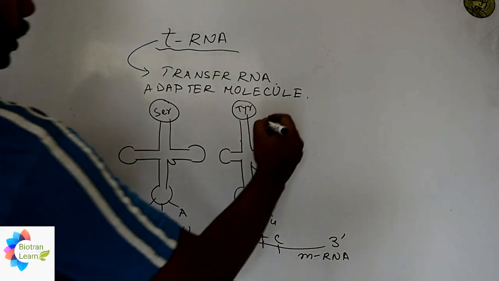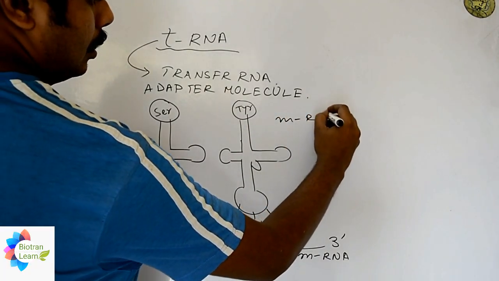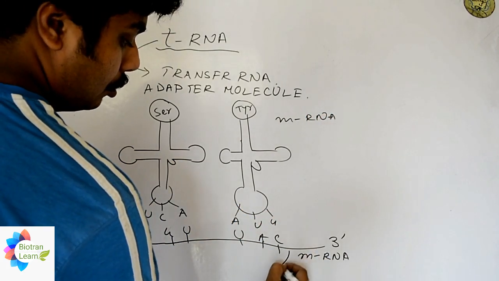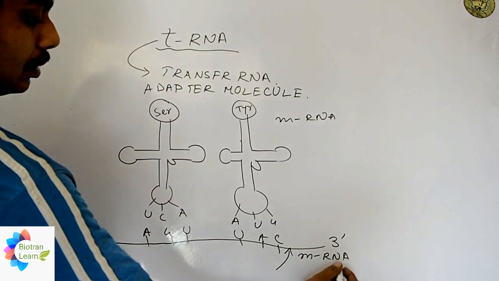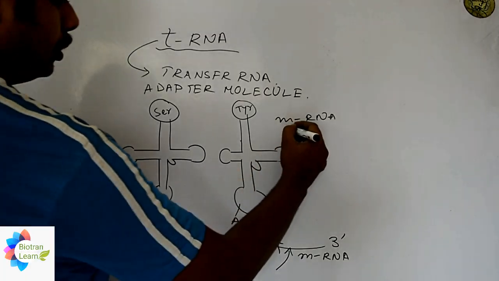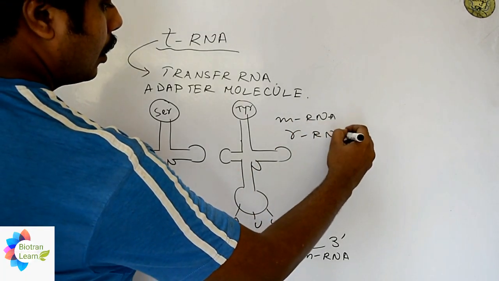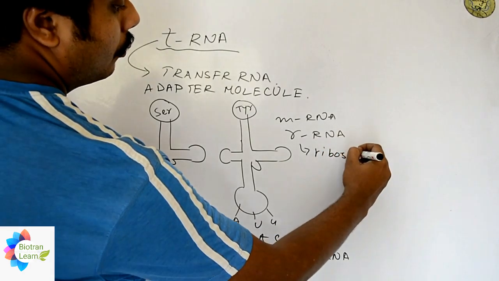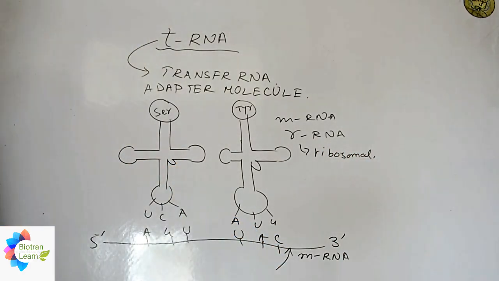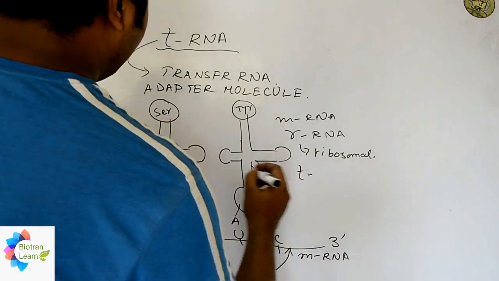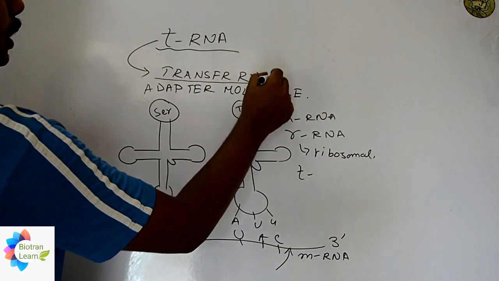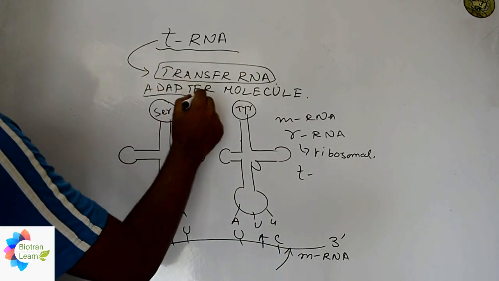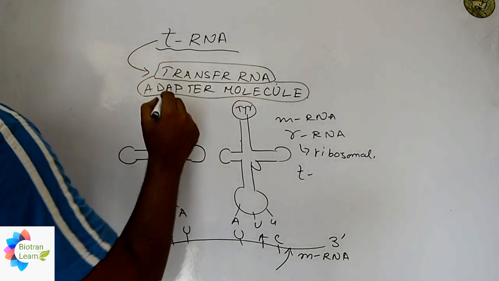We know that there are mRNAs that we get due to the transcription in this section. Then we get rRNA or ribosomal RNA that helps in the formation of ribosome, and tRNA, which is known as the transfer RNA, that helps in the adapter molecule formation.